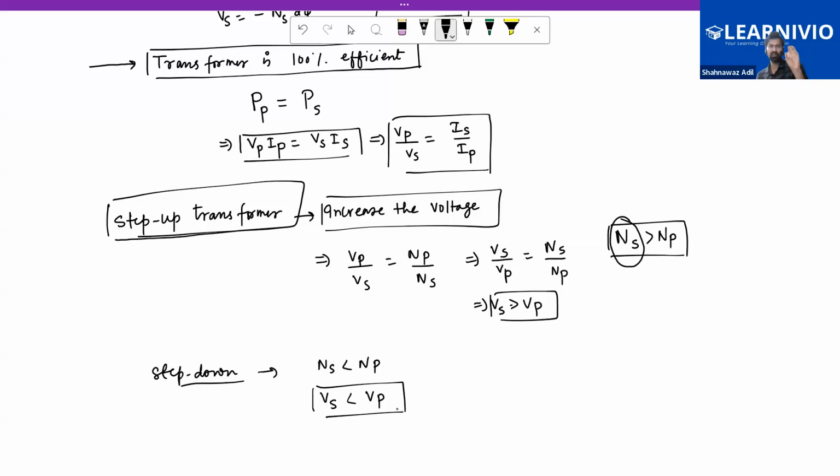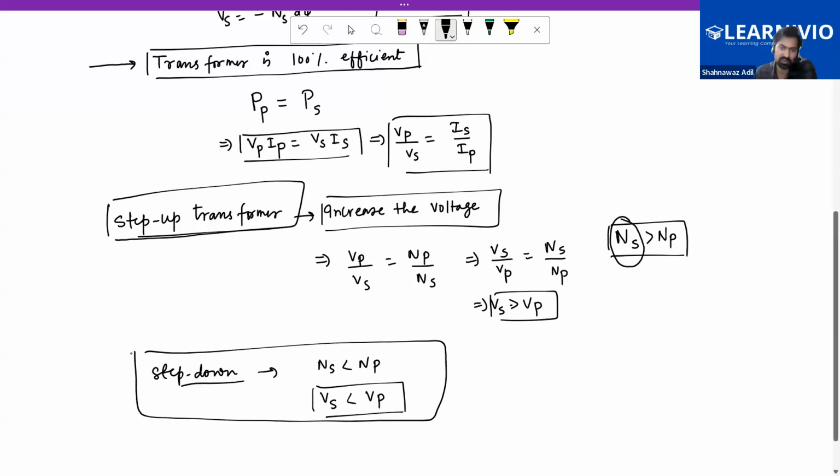Those are step down transformers, right? Let's say you are getting 11,000 or 33,000 volts, but in your household supply, you get 220 volt supply voltage. That is due to the step down transformer on the streets. Those transformers are used to decrease the voltage.